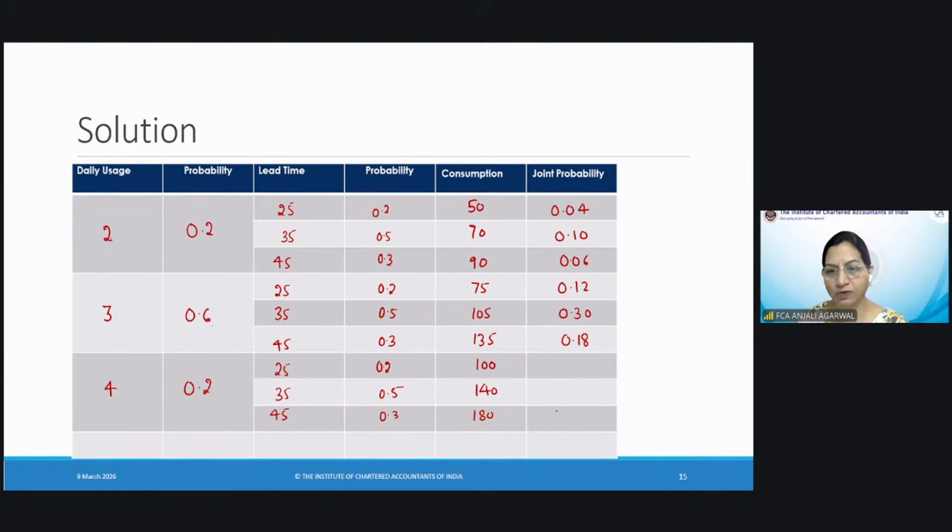You will find that the total of all these probabilities comes out to be 1. 0.2 into 0.2, again 0.04 and 0.10 and 0.06. So you can check: 4 plus 10, 14 and 6, 20, 32, 62, 80, 84, 94, 100. Right?